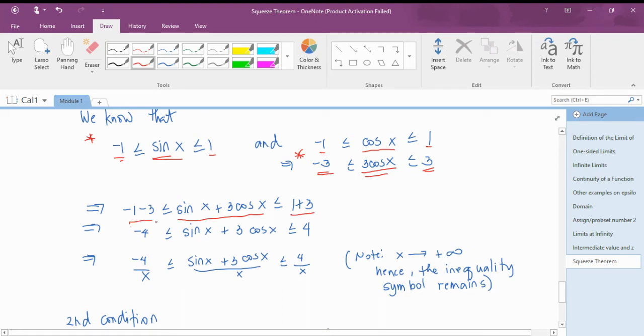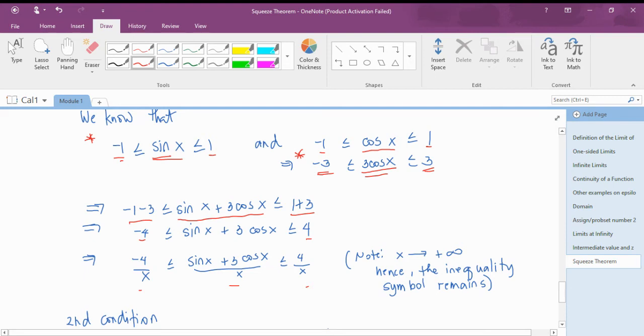So negative 1 minus 3, that is negative 4. And then 1 plus 3, that is equal to positive 4. Take note, yung g of x natin, meron pa siyang all over x. So magdi-divide tayo ng x dun sa middle function. Of course, kung ano yung ginawa natin sa middle function, gagawin din natin siya doon sa left and right side.